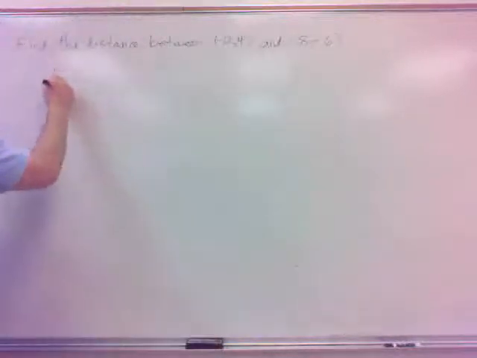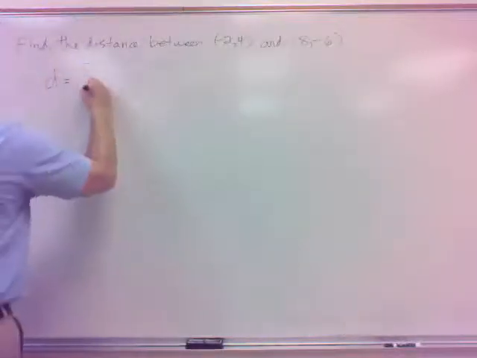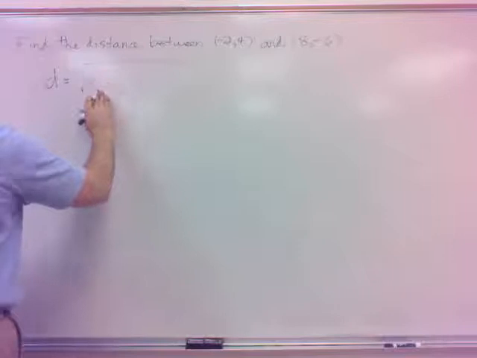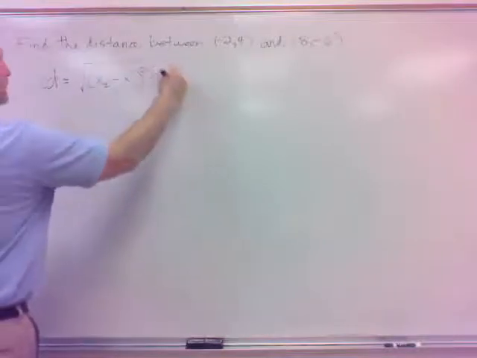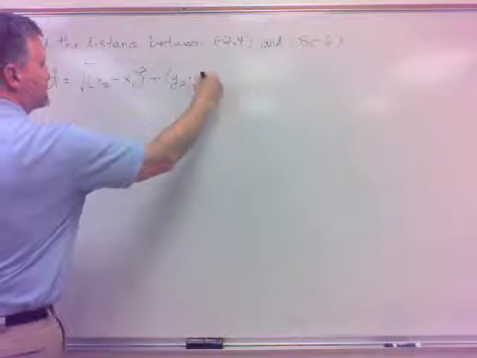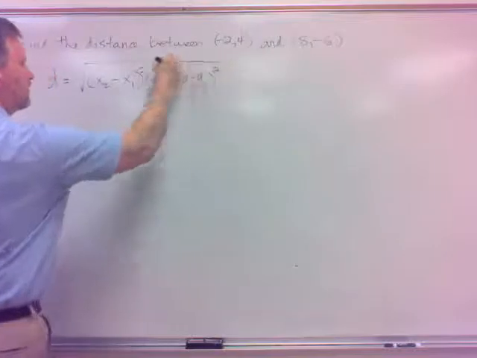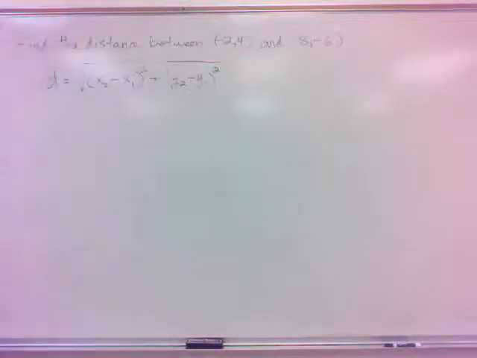So again, the distance is the square root of x2 minus x1 squared plus y2 minus y1 squared. Plug in those numbers.